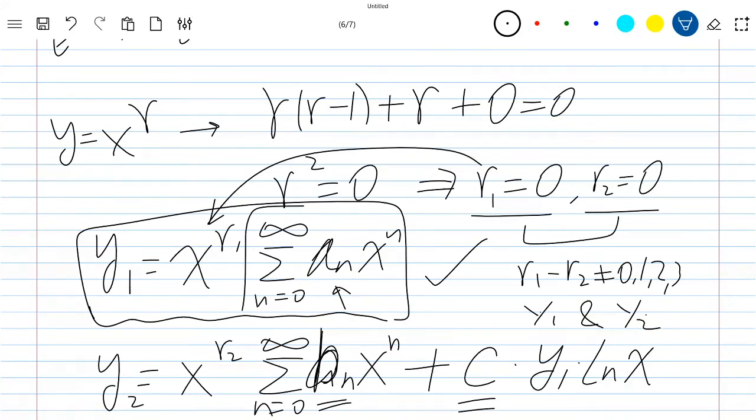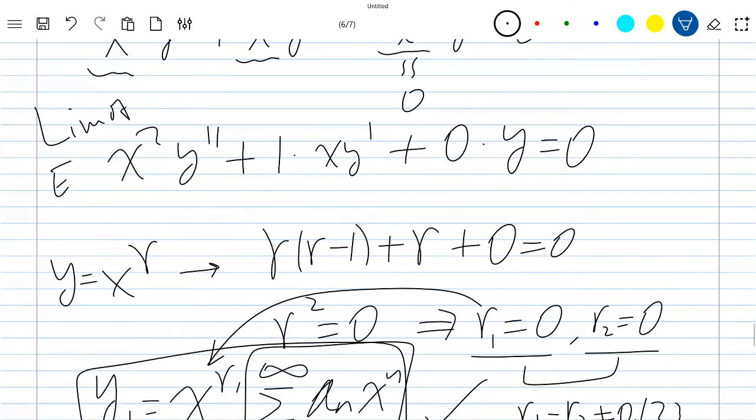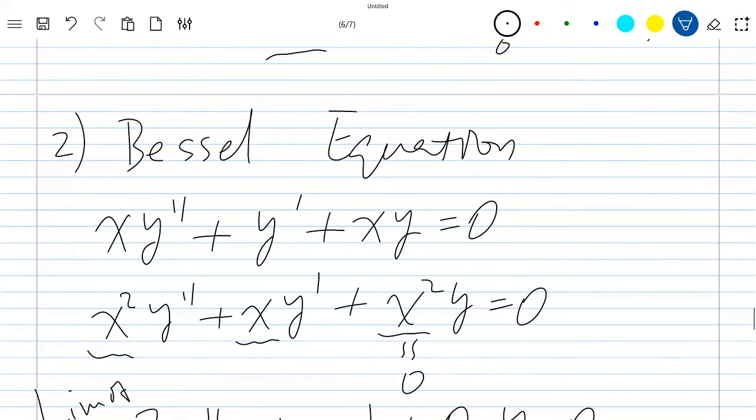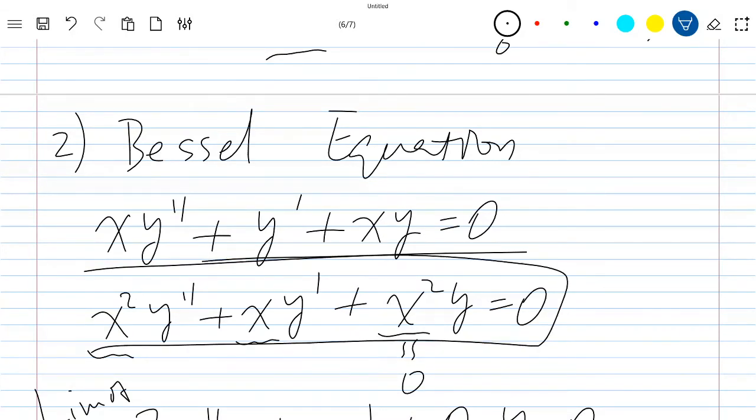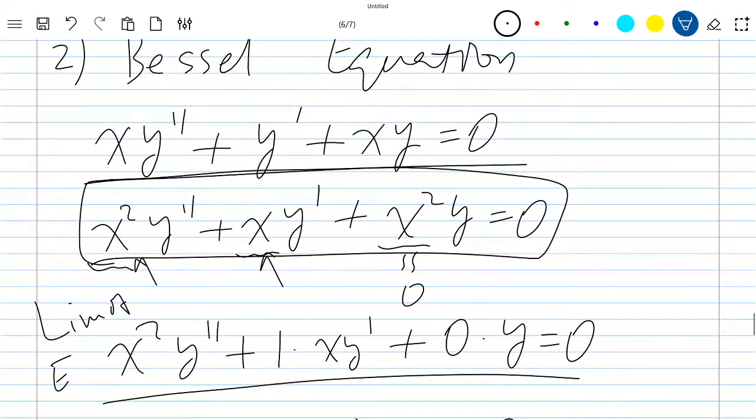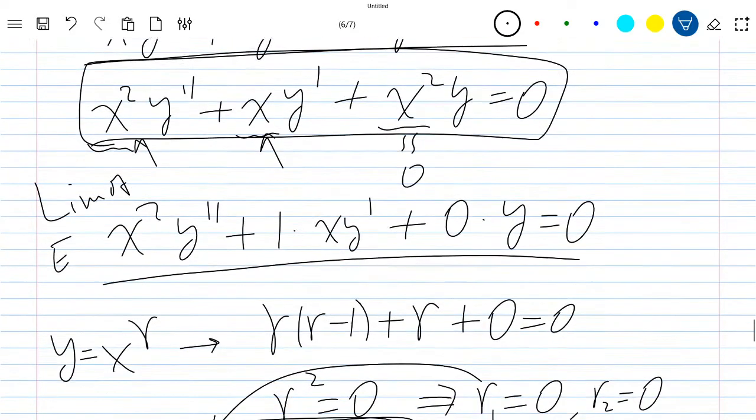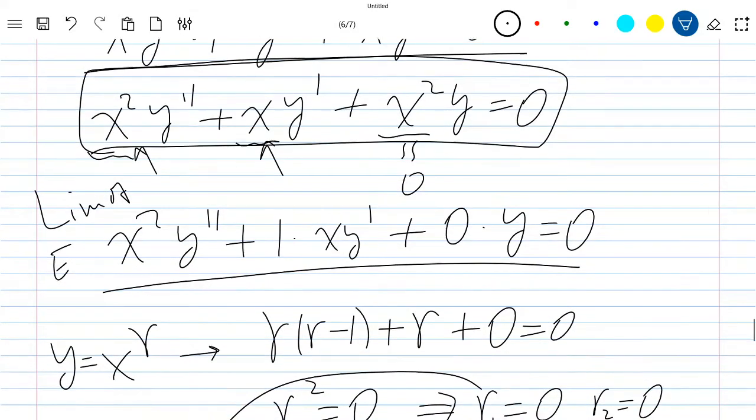So this is just the power series solution. So let's plug in the power series solution directly into the Bessel function. Let's see what we get. If you plug into this one, then you don't need to shift for the first one and second one. You only need to shift for the last one, right? So x squared, x, and x squared again.